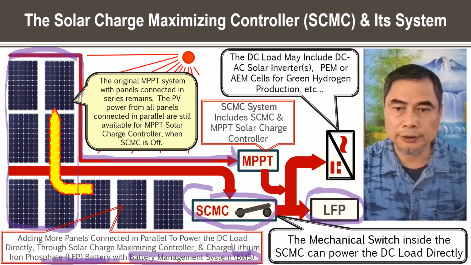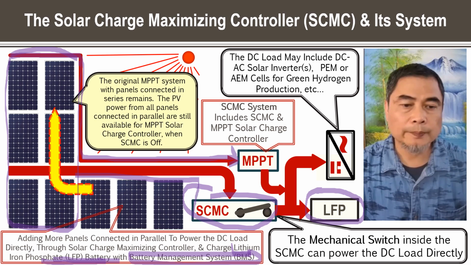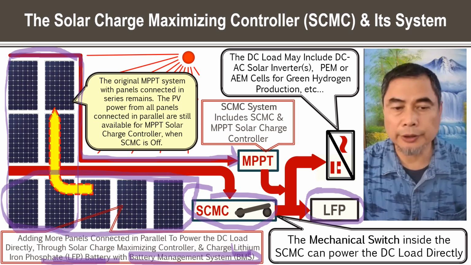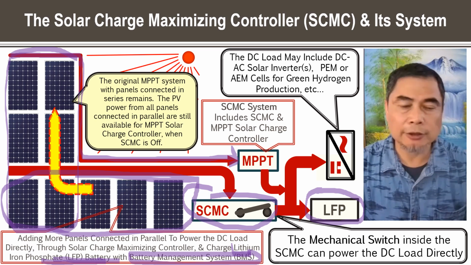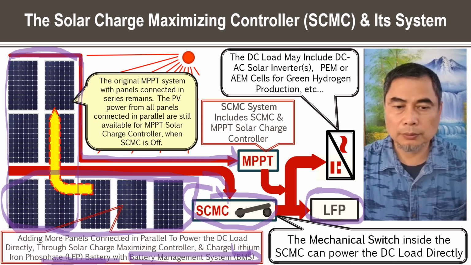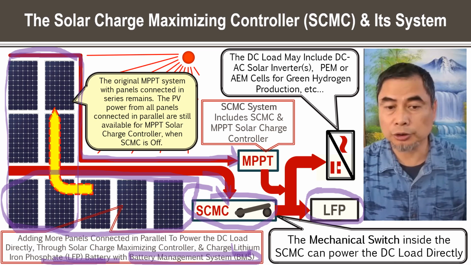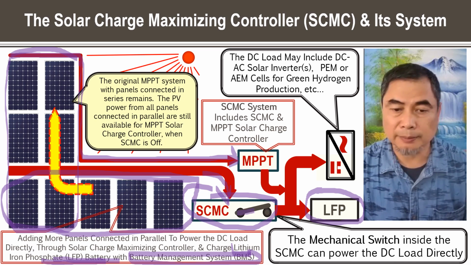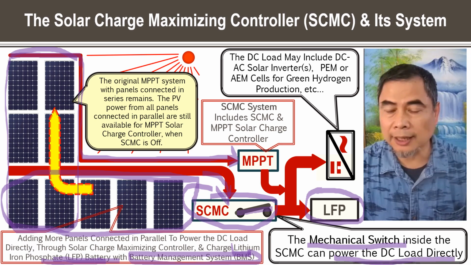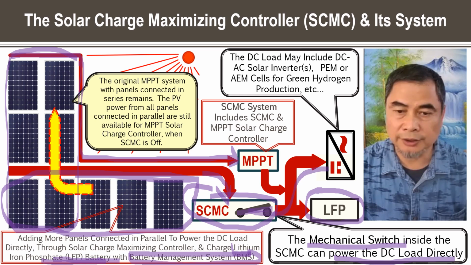series connected solar panels. In this system you can have up to a total of 12 of these 120 amp panels connected in parallel to the solar charge maximizing controller, and that controller has a mechanical switch built inside to conduct high current for the high current power supply to the DC node.